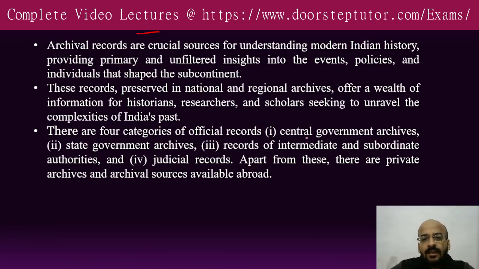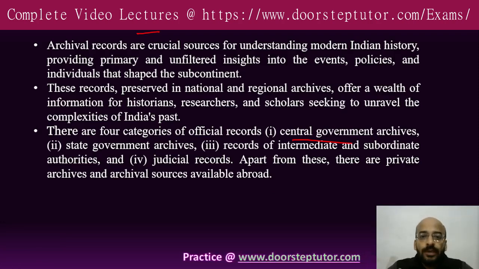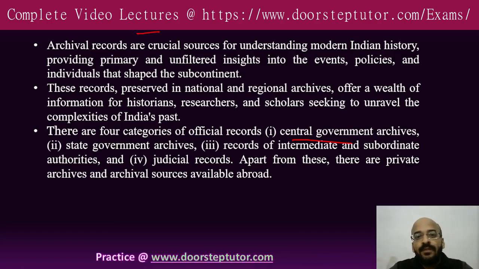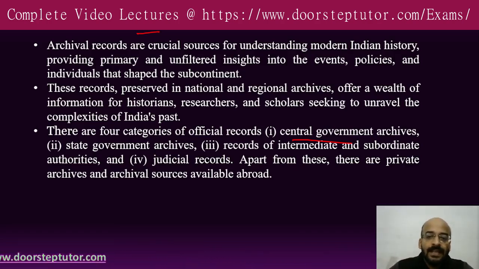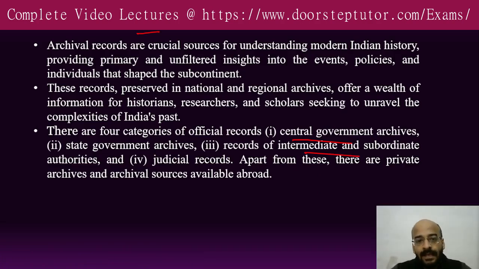These archival records include central government archives, and then we have state government archives. Post independence, these state government archives have been set up so that various states and provinces can store their important documents in these buildings. Then we have records of various intermediary and subordinate authorities, for example district level, and the Grameen or rural level documents.